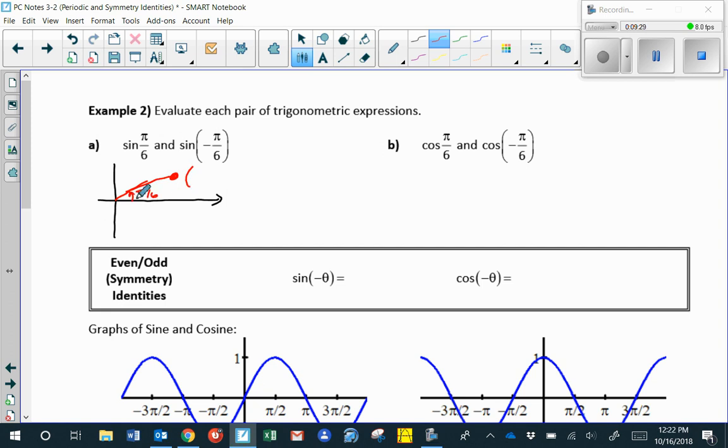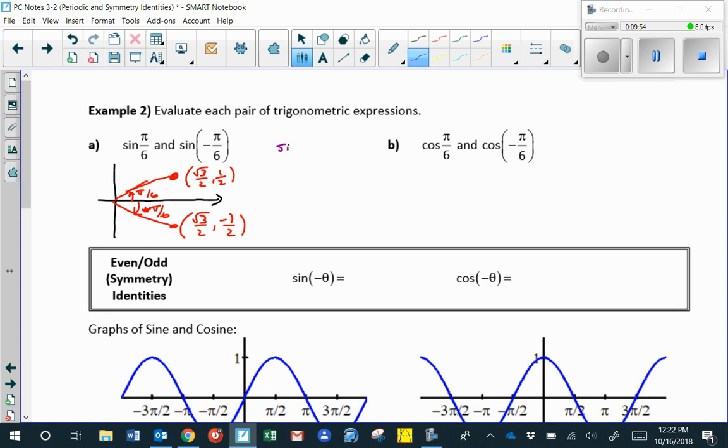If we draw an angle of pi over 6, the coordinates in the unit circle are the square root of 3 over 2 comma 1/2. If we draw negative pi over 6, the coordinates on the unit circle are square root of 3 over 2 comma negative 1/2.